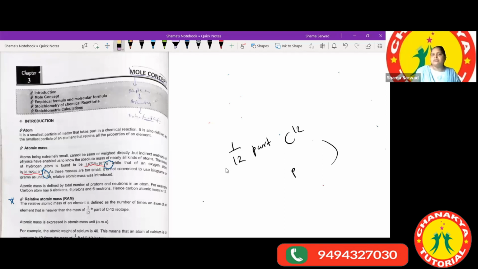Now we are going to learn about the mole directly because that is quite important. What is 1 mole of any substance? I'll let you know. Suppose I know the atomic masses of the atoms.